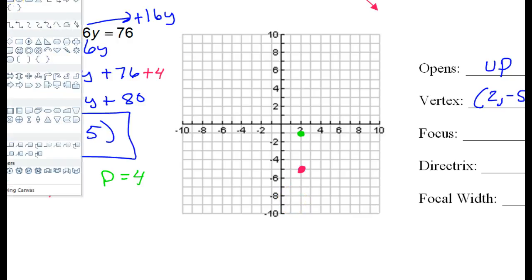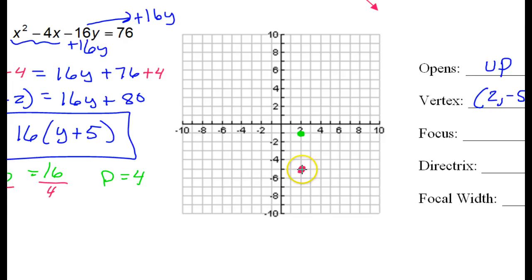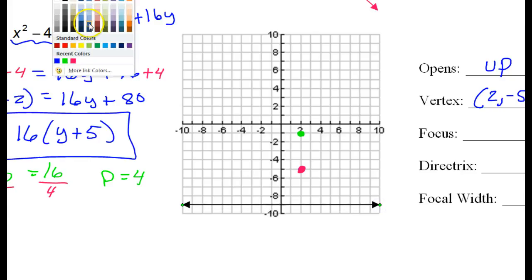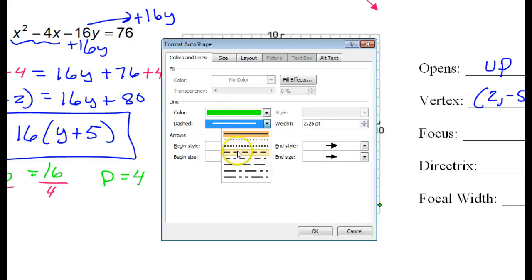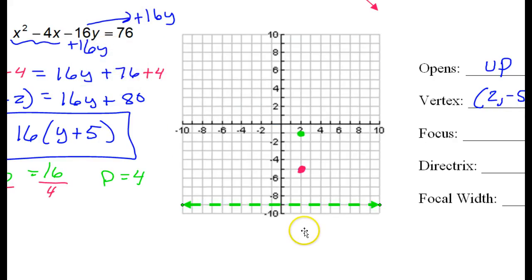Okay, the directrix will be 4 in the other direction. So I know that my directrix will be down 4. So it would be here. Okay, so there's my directrix.